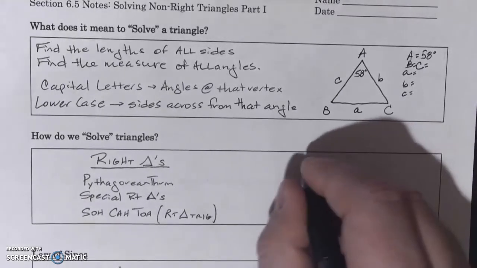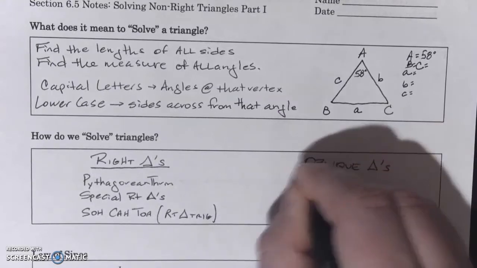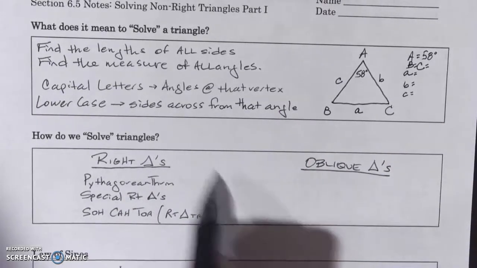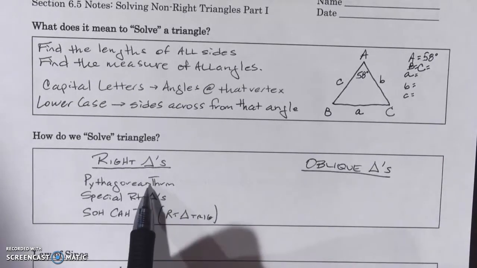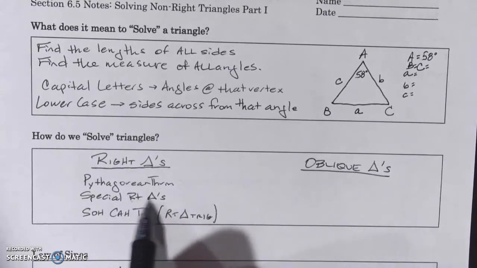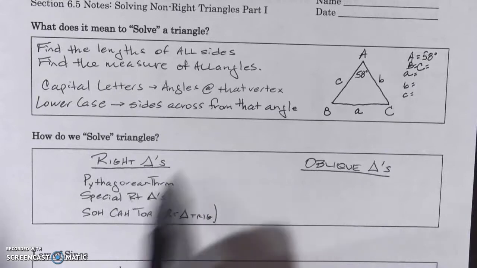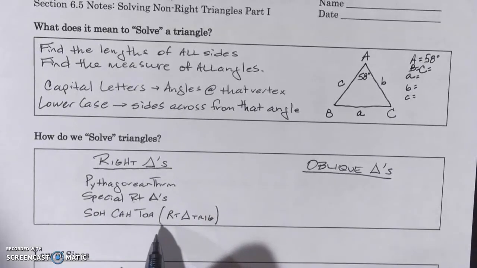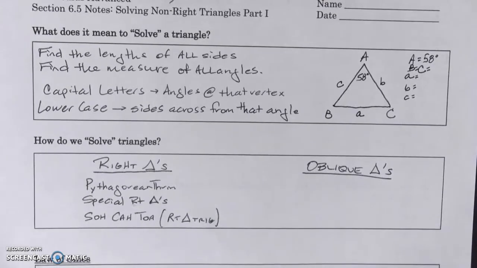All right? And then for our oblique triangles, none of these things work for non-right triangles. Pythagorean theorem is specifically designed for right triangles. Special right triangles literally says right triangles in it. SOHCAHTOA is right triangle trig. We will not be using these a whole lot. Okay? For non-right triangles, we have laws.